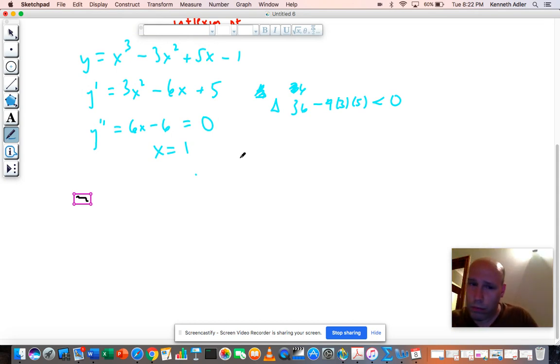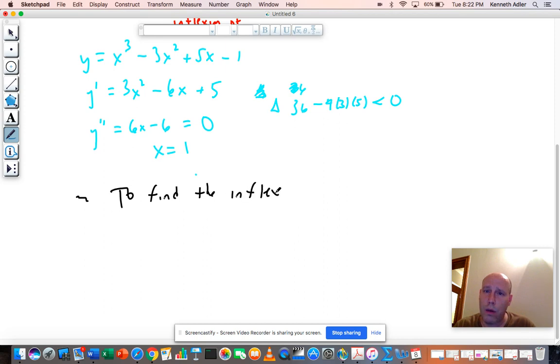To find the inflection point, set the second derivative, d2y over dx squared, equal to 0, and solve for x.